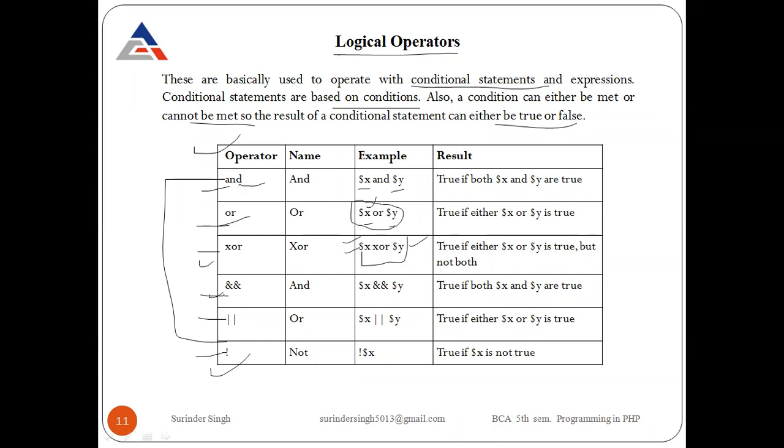And here is logical AND. It returns true if both X and Y, both operands, are true. For getting the result true in case of logical AND, both must be true. In logical OR, you need only one operand to be true for getting the result true, either X or Y. Clear?